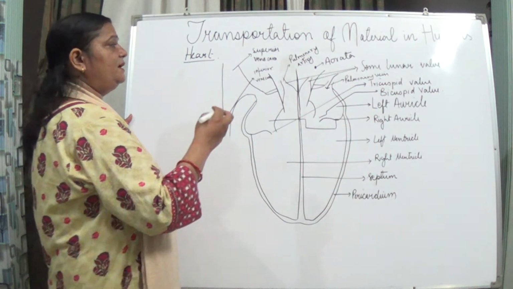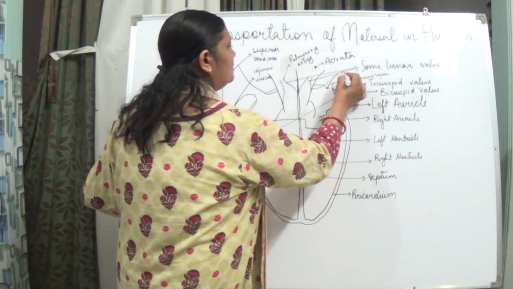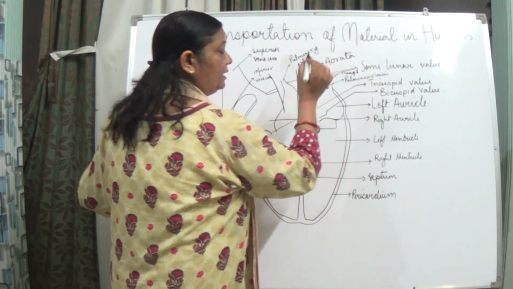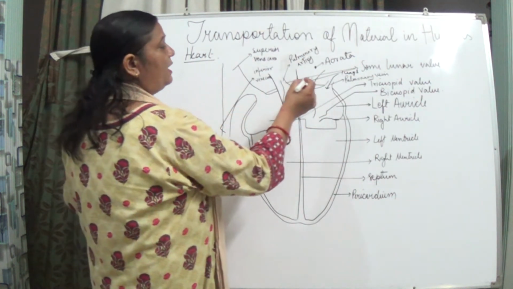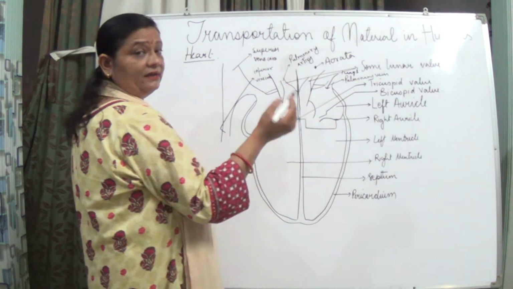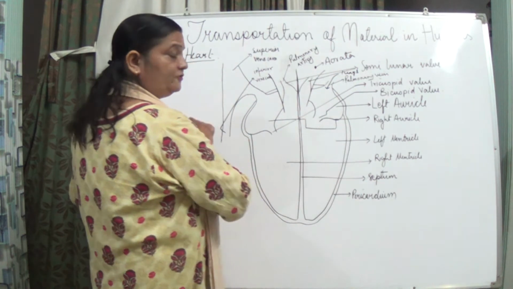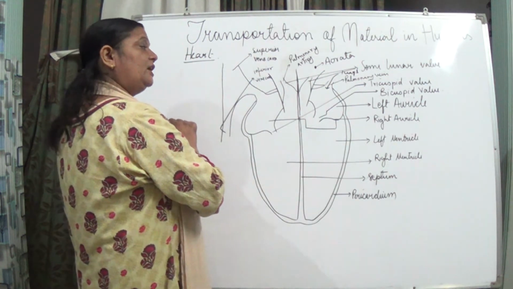So this blood is coming from where? The lungs. Through what? Through the pulmonary vein. So oxygenated blood, carrying oxygen, enters the left auricle or the left atrium.